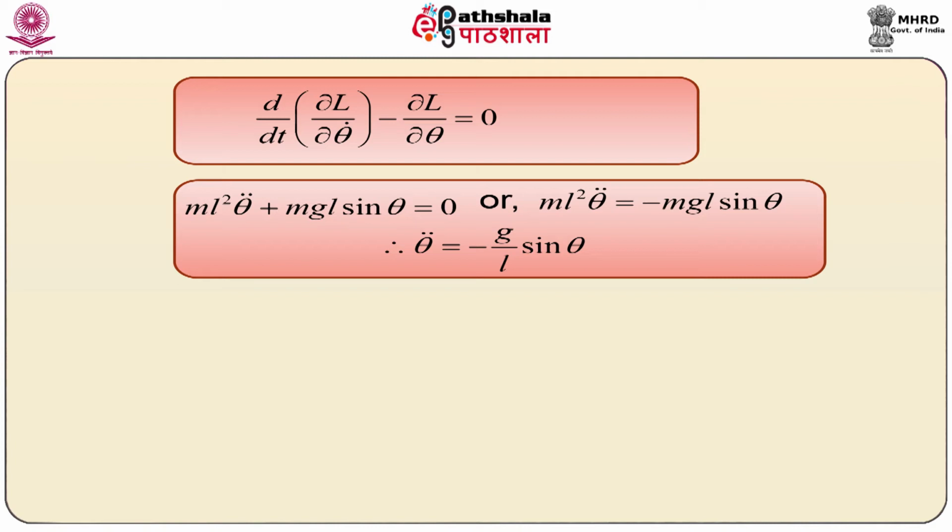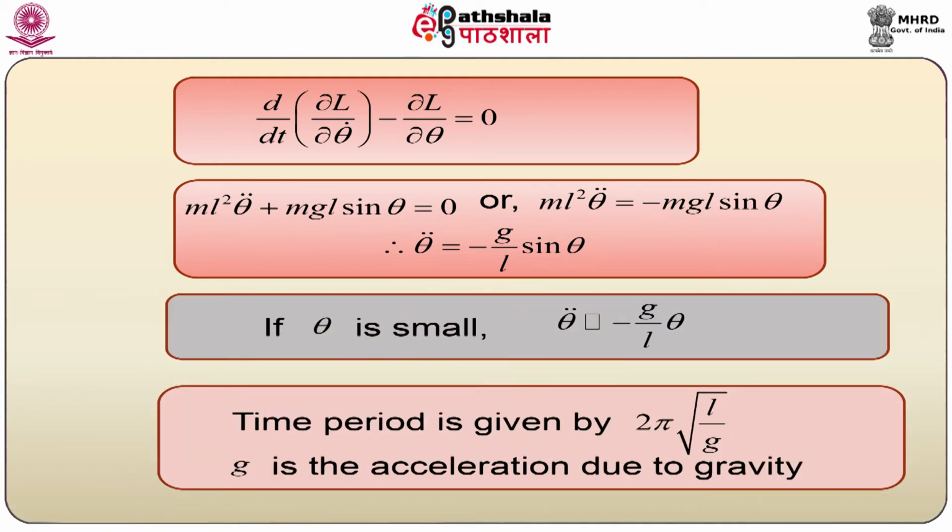If the angular displacement of the bob, which is theta, is very small, then sin theta is nearly equal to theta. Substituting here, we get theta double dot is nearly equal to minus g divided by L into theta.